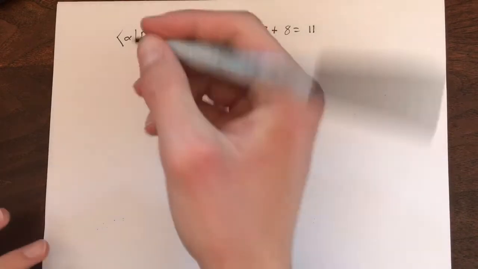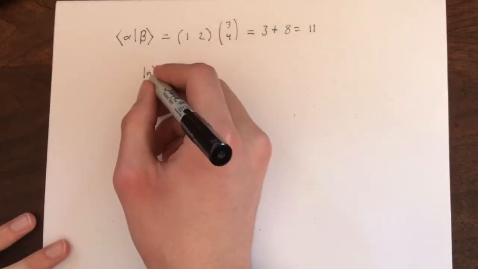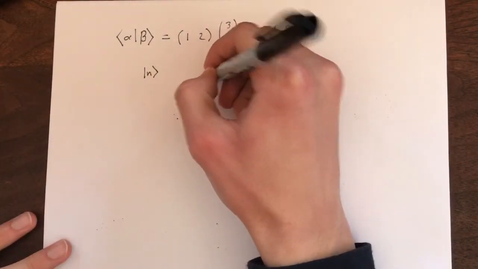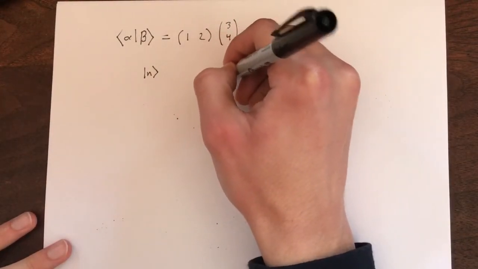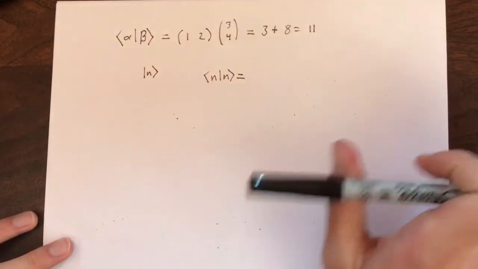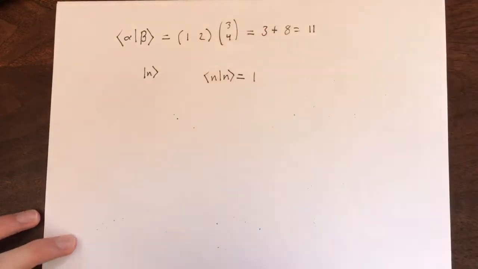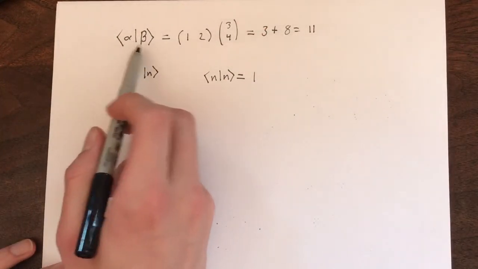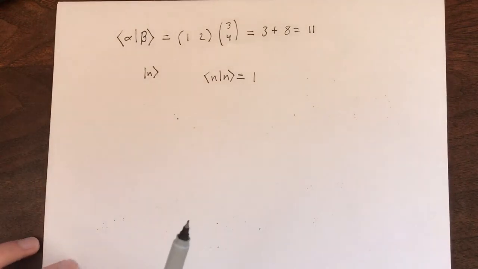But anyway, it would look like this. A normalized ket vector, let's say n, if you take the inner product with itself, whatever the components are, you would have to get 1 as your answer. So clearly, these aren't the same vector, but if they were, they would not be normalized.